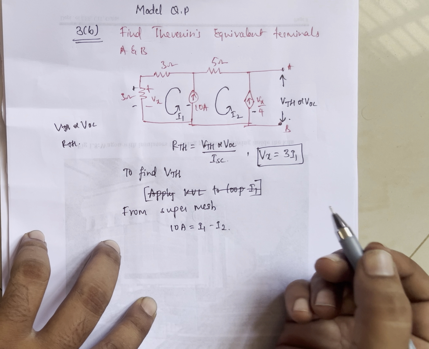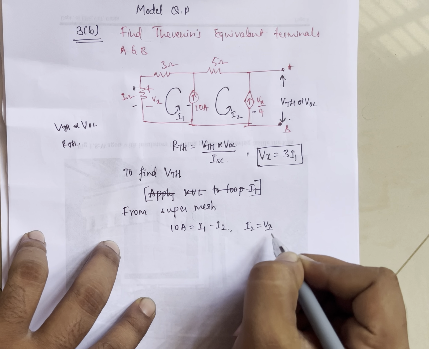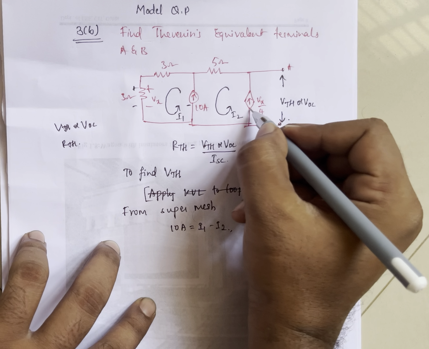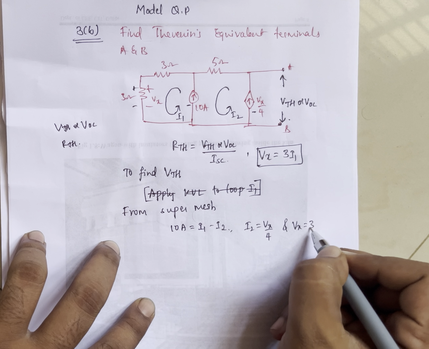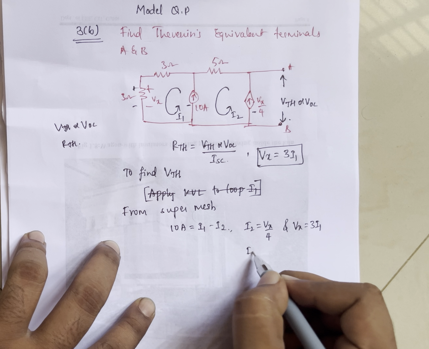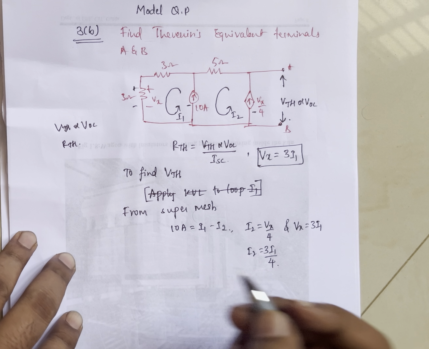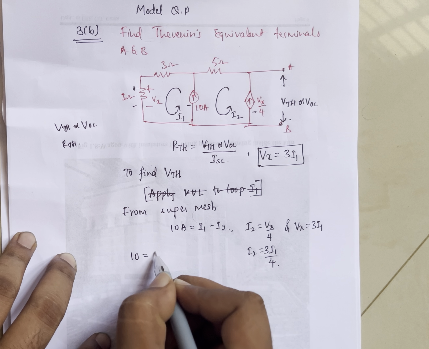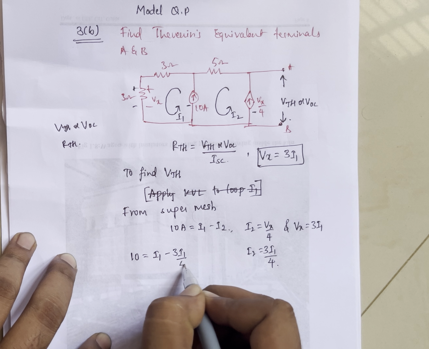Whereas I2 is nothing but Vx divided by 4, and Vx equals 3 into I1. Therefore I2 is nothing but 3 into I1 divided by 4. So you can write 10 equals I1 minus 3 into I1 divided by 4.